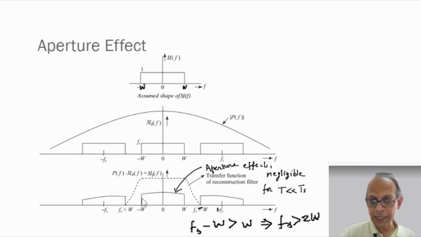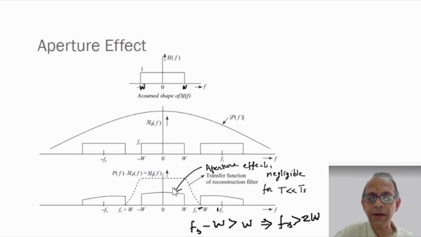However, note that this spectrum is not exactly the same as the original spectrum. Because of the multiplication with this sinc function, the higher frequency parts have undergone more attenuation compared to the lower frequency part, and this effect is known as aperture effect. It results in some distortion of the original signal when we reconstruct the signal using a low pass filter.